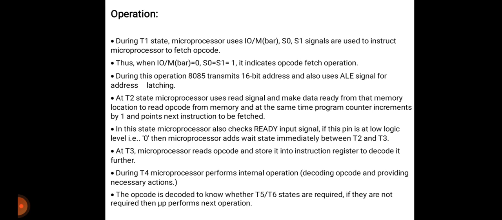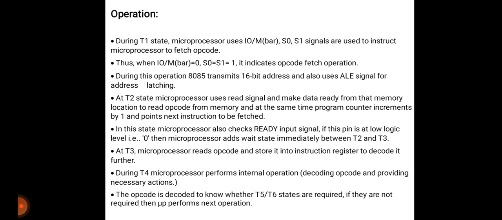During this operation, the 8085 transmits a 16-bit address and also uses the ALE signal for address latching. Then in the T2 state, the microprocessor uses the read signal and makes data ready from the memory location to read the opcode from the memory.